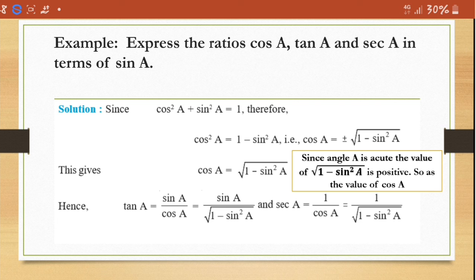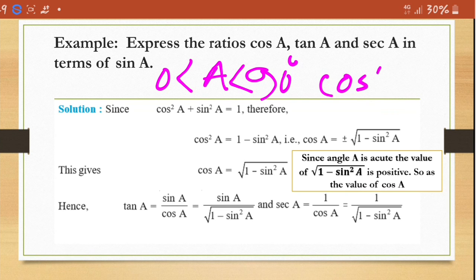That means whenever the angle A is between 0 to 90 degree, the value of cos A is always positive. That's why you have to take the positive value. You cannot consider the negative value, right?